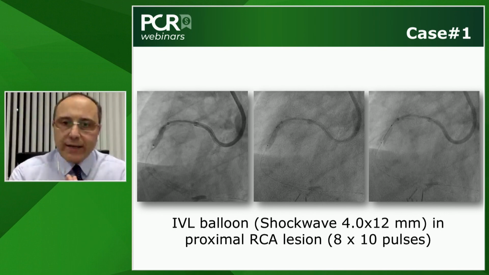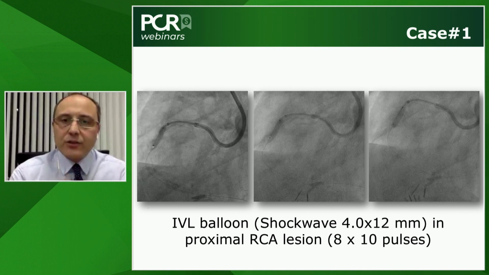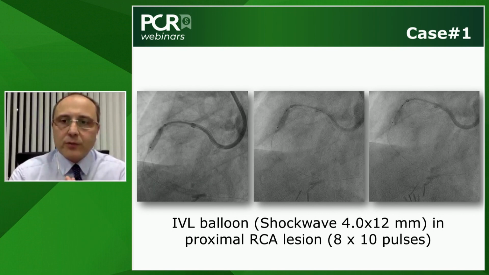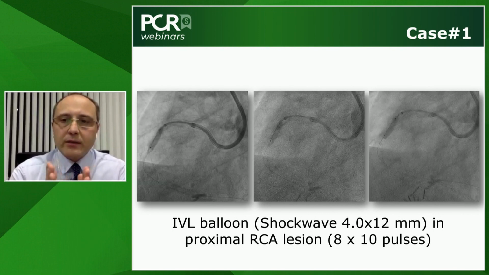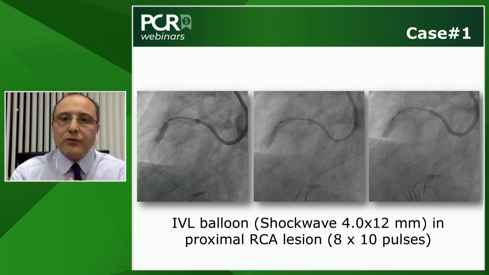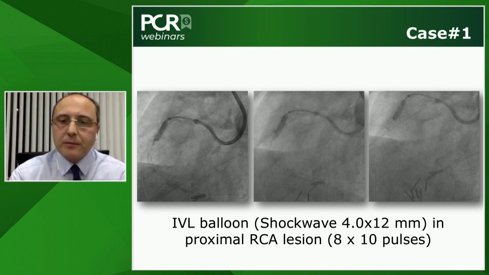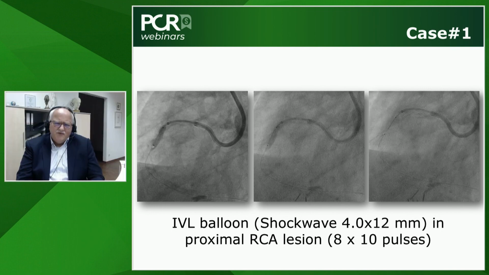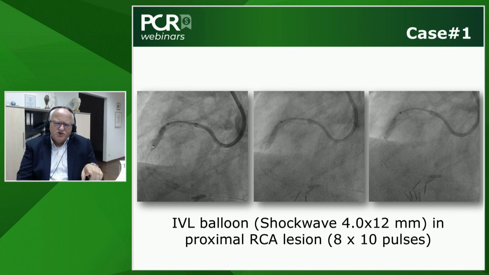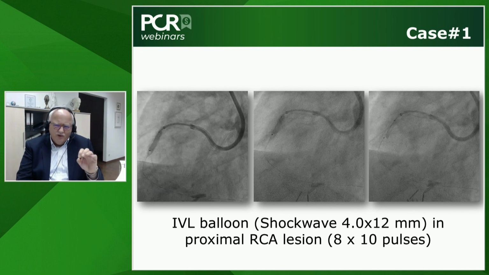The second question to you, and the same one to Benjamin as well: do we always need to predilate a calcified lesion before doing intravascular lithotripsy, or do you base your decision on the angiographic appearance of the stenosis? Well, it's case-based. If I have such a tight calcified lesion as in this case, I won't give it a try.